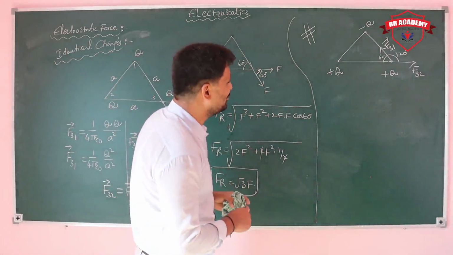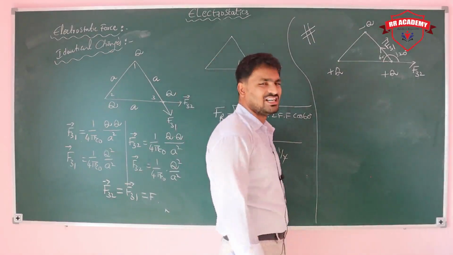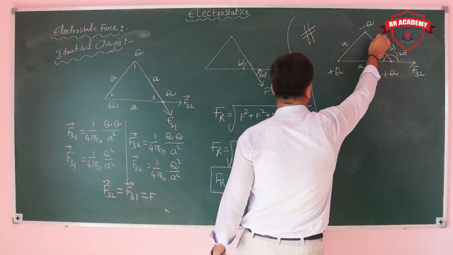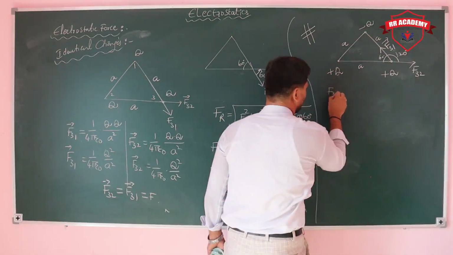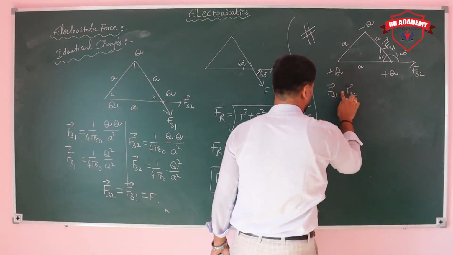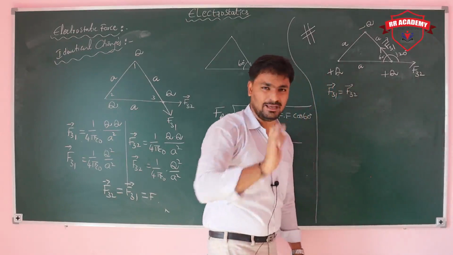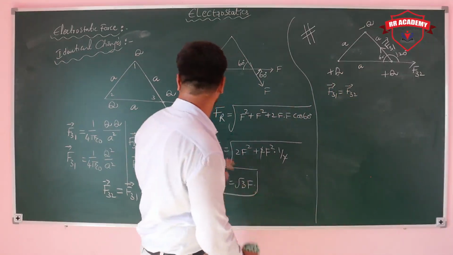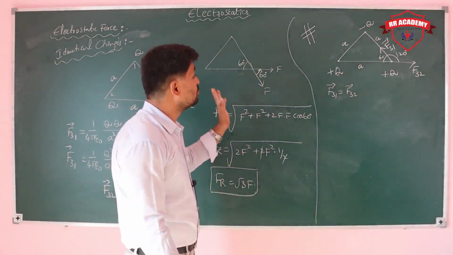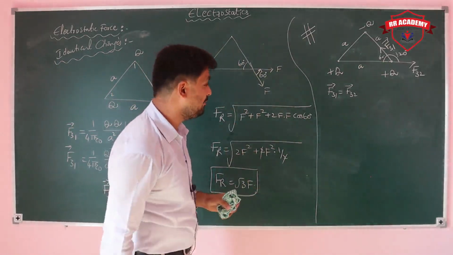There is no change in the magnitude, and it is again the same equilateral triangle, so you can take F31 equal to F32. The magnitude of the force is the same, because we are not changing the value or the distance, only replacing the positive charge by a negative charge of the same value.